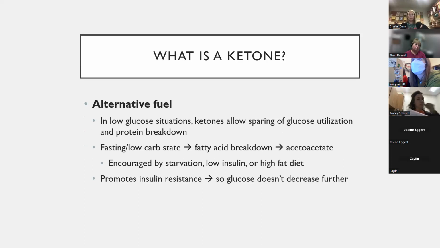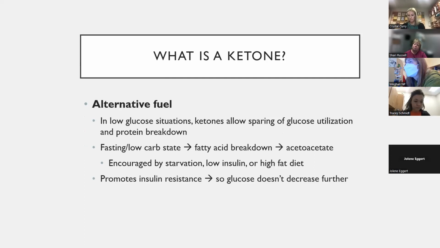Okay, so starting off with what is a ketone. Within normal physiology, a ketone is formed as alternative fuel. Your body makes ketones when it doesn't believe that it has enough blood sugar around to run on.